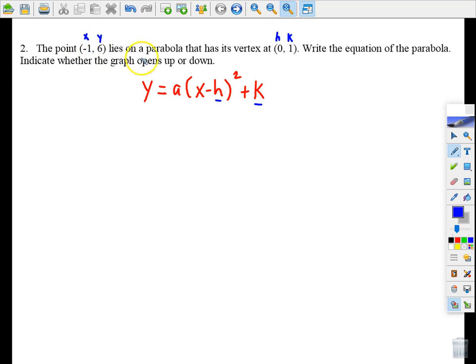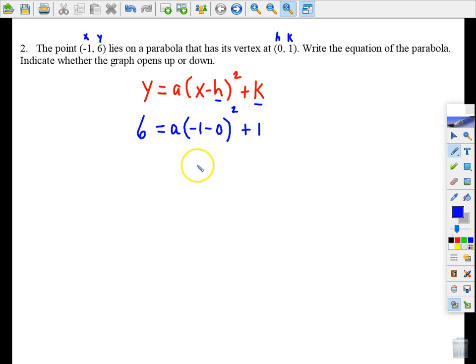So let's take these 4 numbers and plug them into the variables that they represent. So Y is 6. Notice I don't have anything to plug in for A, so I'm going to be solving for A. X is -1, H is 0 squared, and K is +1.